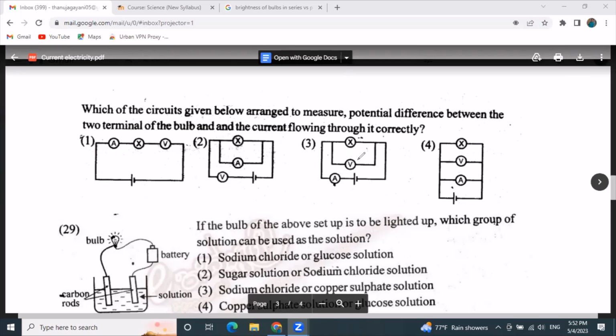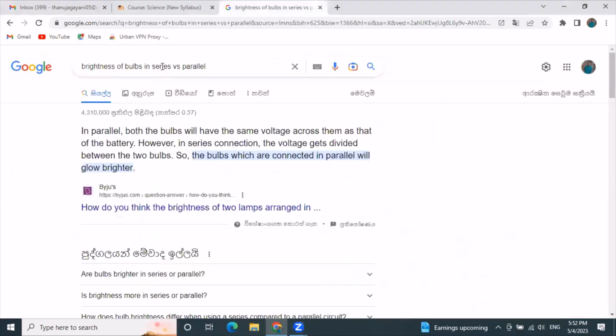What is the method of connecting a voltmeter? You should remember it. What's the method of connecting an ammeter to a circuit? You should remember it very well. To measure the potential difference, we should connect the voltmeter in parallel and the ammeter in series. Let's make sure about it.